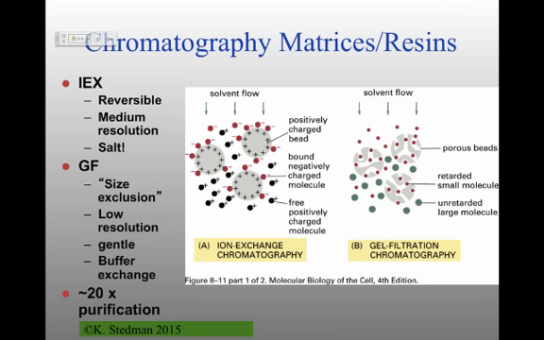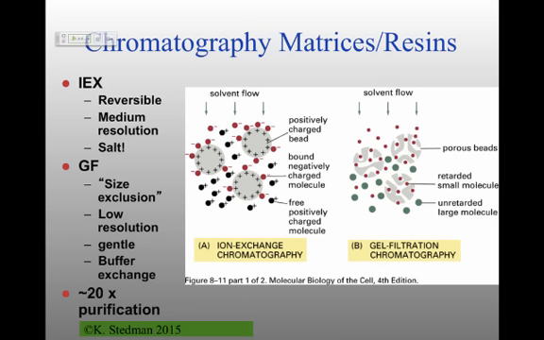So big things come off first. Small things come off later. This works pretty well. You get about 20 times purification. So that means if you had 5% of something in your sample that you started with, you could end up with 100% of it at the end. Much more likely you've got 0.5% and you end up with 10% of it at the end.